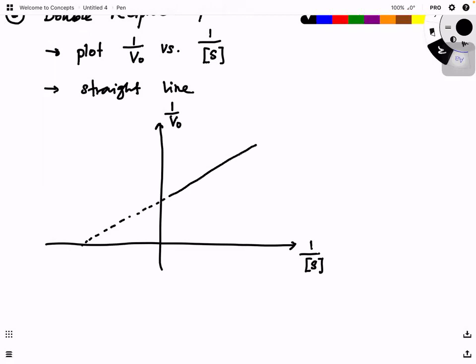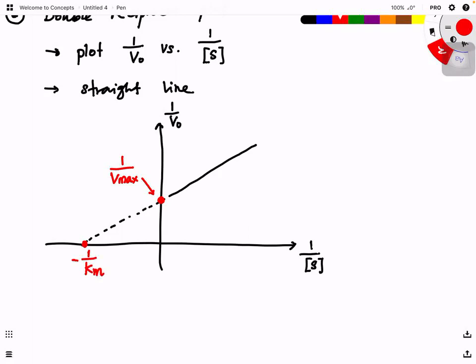This straight line will cut the y-axis or vertical axis and the horizontal axis, and we need to know what is represented by these two values. At the y-axis, or 1 over V naught axis, this is 1 over Vmax. This part is negative 1 over Km. So from here, you will be able to get the Vmax value and Km value.